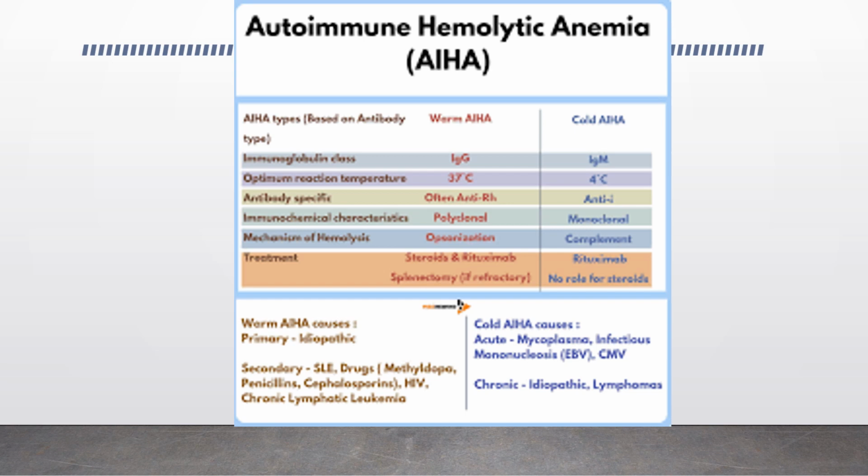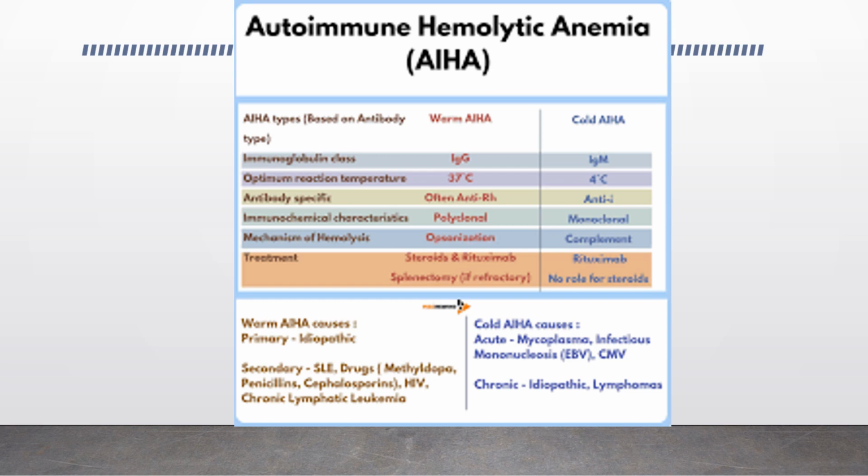again warm and cold hemolytic anemias. So IgG in warm and IgM in cold. Okay. Temperatures warm because it is seen active at body temperature, and cold is not seen active at body temperature. Named cold hemolytic anemia because it is seen at 5, 6, 7 or 8 degrees below the normal body temperature.